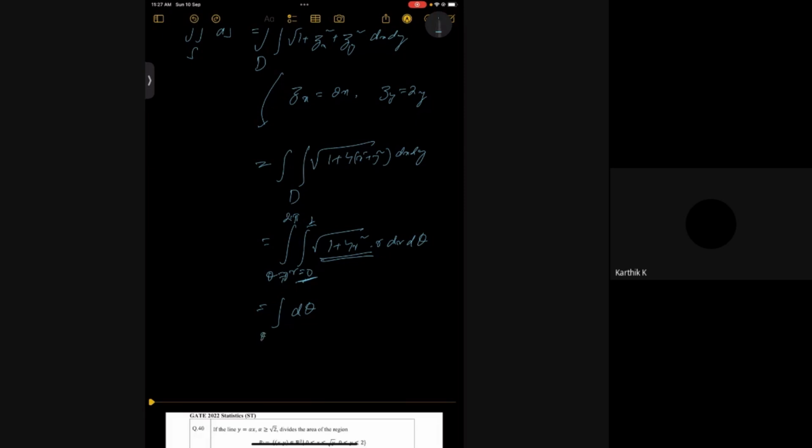Integral of d theta, theta goes from 0 to 2 pi, into the integration of the square root of 1 plus 4r squared, r dr, which goes from 0 to 1.